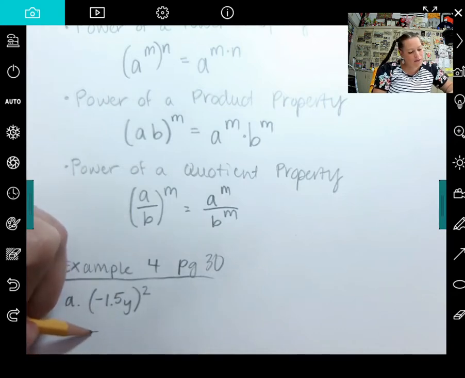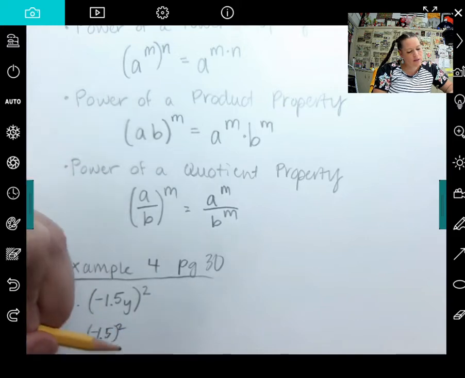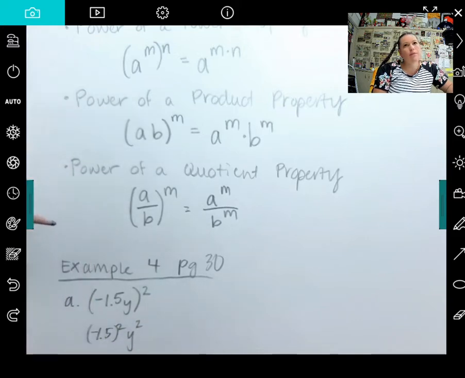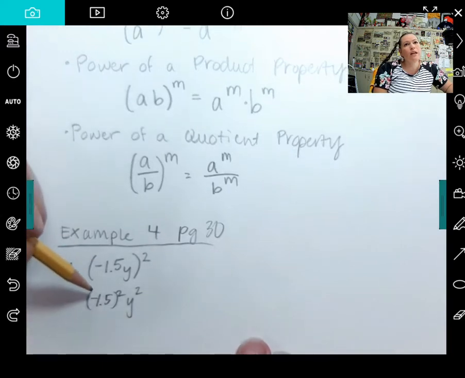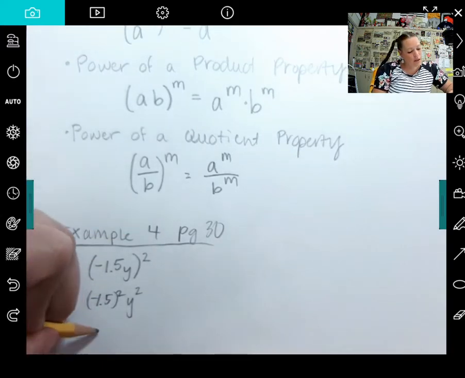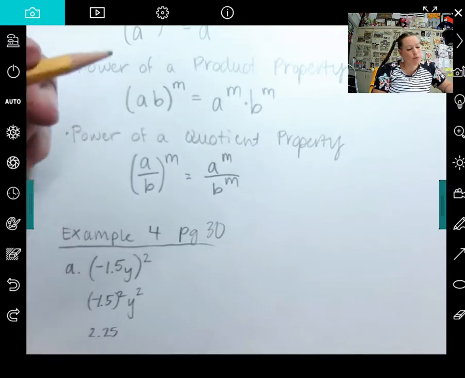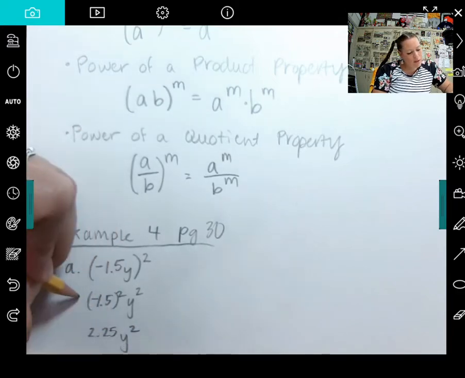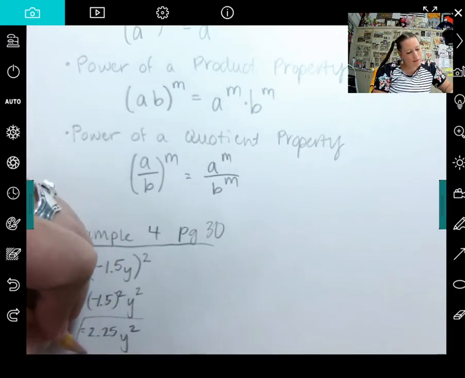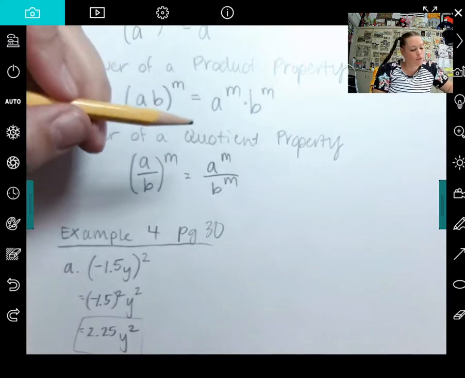So we'd have negative 1.5 squared times y squared. So you could simplify negative 1.5 squared to get positive 2.25, right? A negative times a negative is a positive, and then 1.5 squared is 2.25, and then y squared. So then that would be our answer. That's the most simplified we could get that.